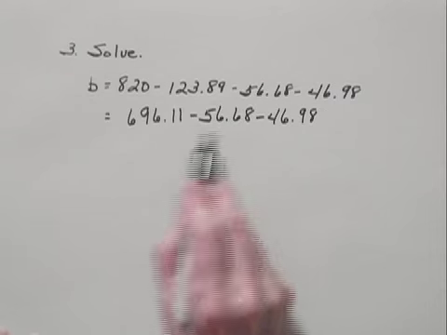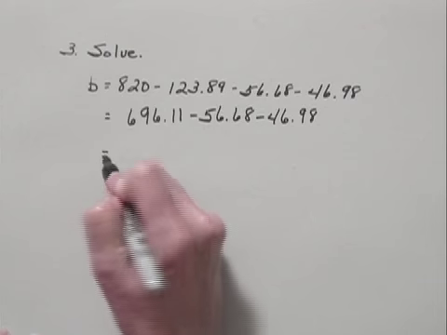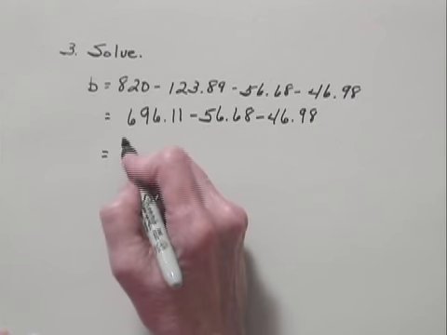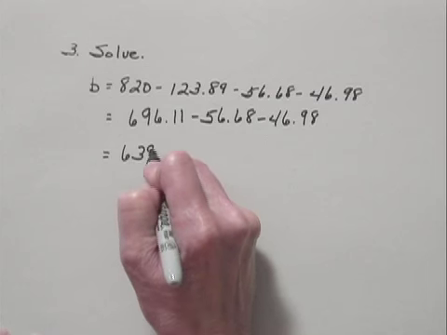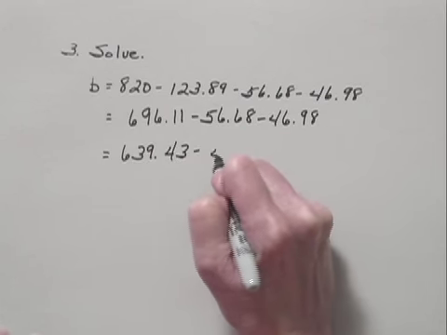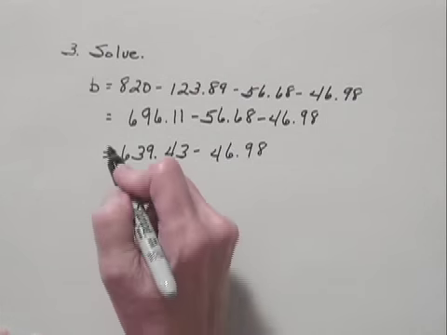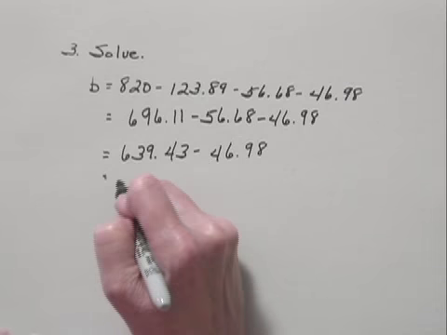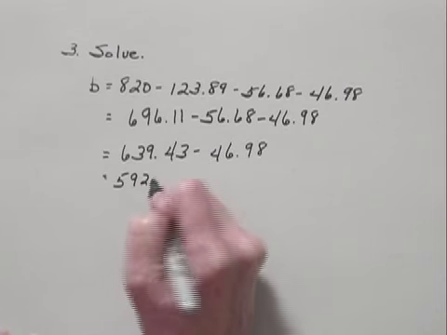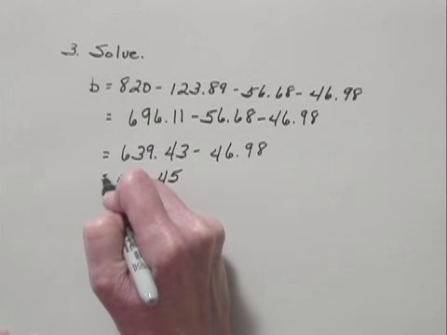Now we do this subtraction, 696.11 minus 56.68. And when we do that, we get 639.43. And we have this final subtraction, 46.98. When we do that subtraction, we get 592.45. So this is our possible solution.